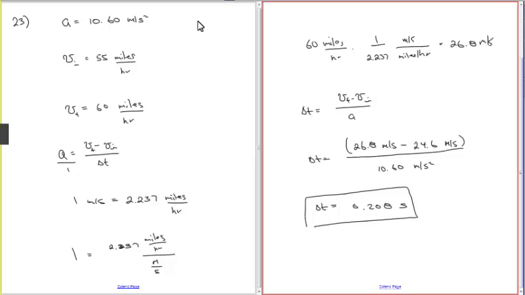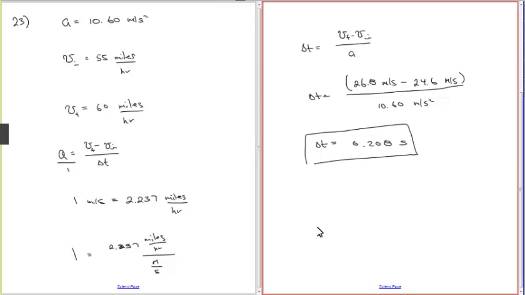So if you use 0.6 meters per second squared, you would get delta t is 26.8 minus 24.6 divided by 0.6, which is a slower acceleration. So let's plug that in: 26.8 minus 24.6 divided by 0.6, 3.7 seconds.